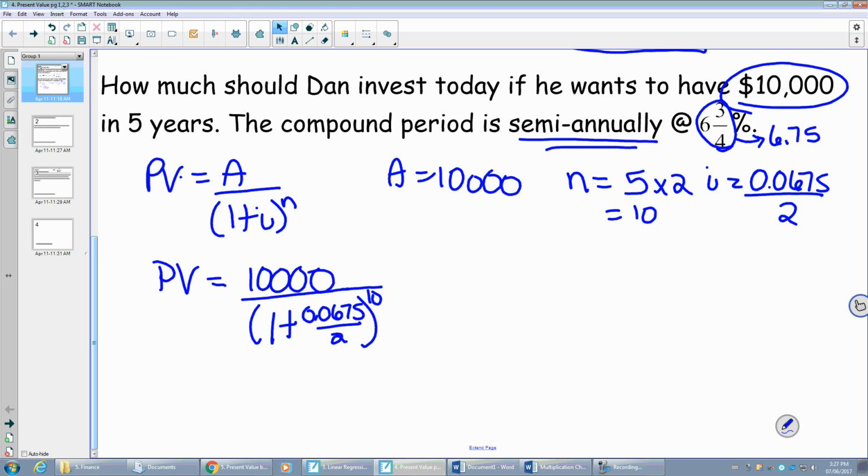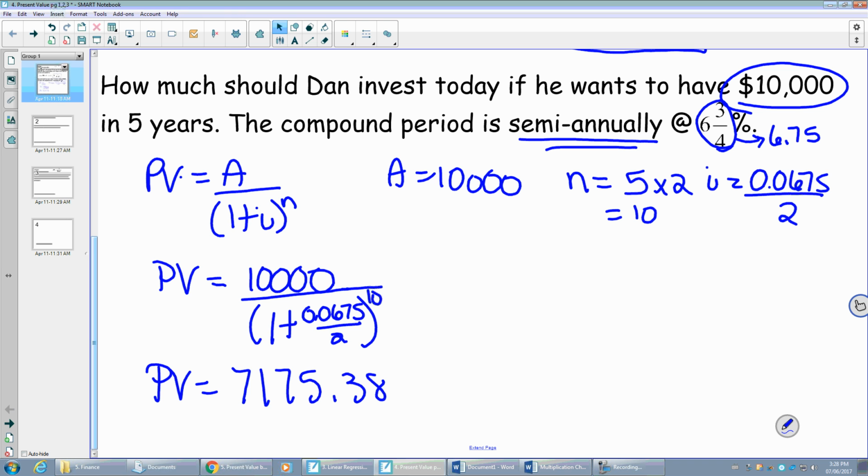Okay, so you can plug that whole thing into your calculator. 10,000 divided by (1 plus 0.0675 divided by 2) to the exponent of 10. And we get here that the present value we should have is 7,175.38 when I round that. So I should have $7,175 today if I want $10,000 in 5 years.